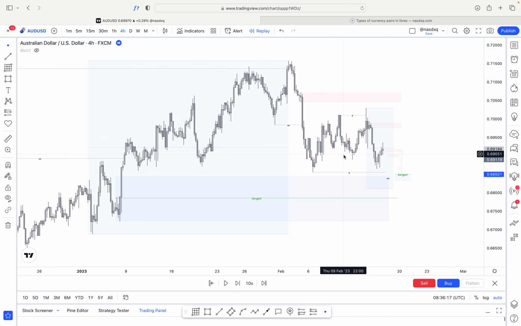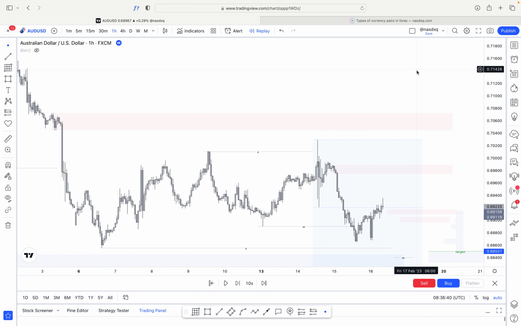If we have a look in more detail at the internal structure, from this liquidity sweep we took out this internal low right here, which was quite significant for me. So I was looking for a retracement within this leg to go short into the daily demand.